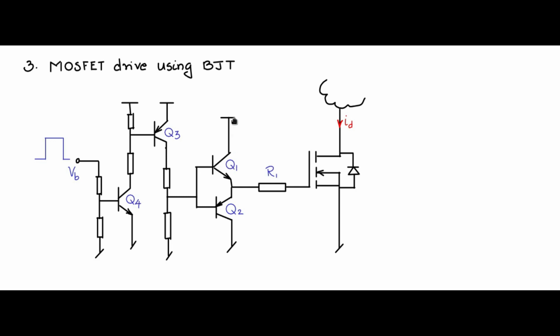Q1 is on, VCC minus VCE appears here, and it will drive a current through R1 into the gate source capacitance of the MOSFET and charge up the capacitance. So Qg amount of charge will be pumped in, and the MOSFET will turn on. So in this way, the MOSFET will be switched on and off.